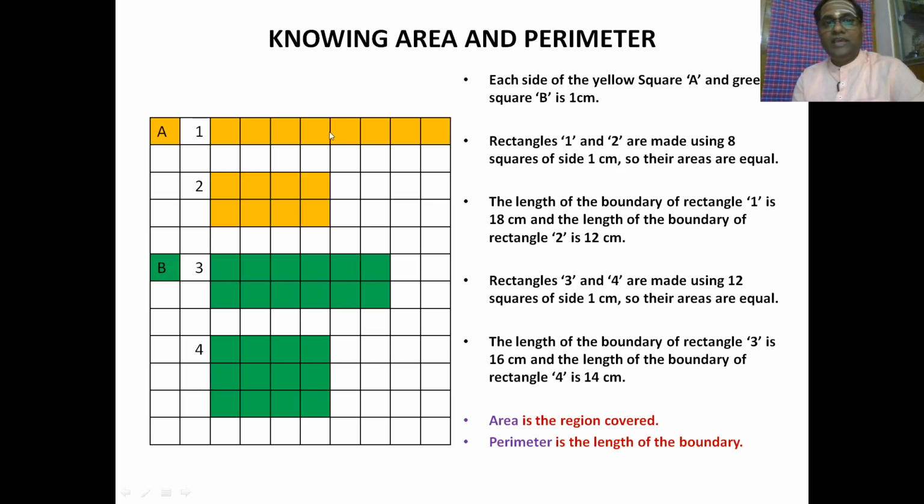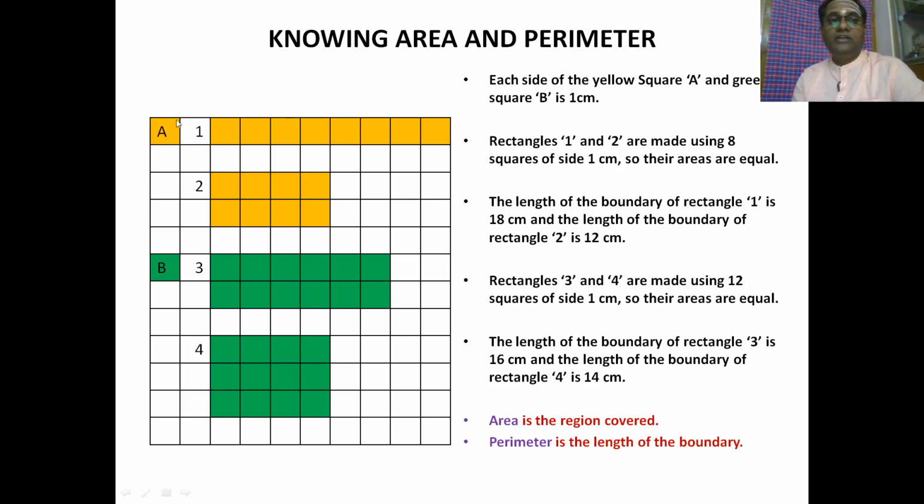So we express area in terms of square centimeter if the unit square is a square of side 1 centimeter. If the unit square is a square of side 1 inch, then the area would become 8 square inches.